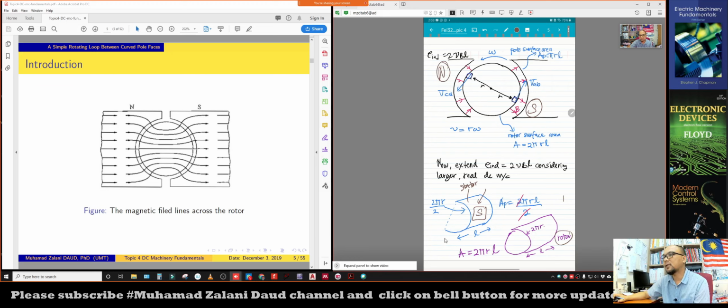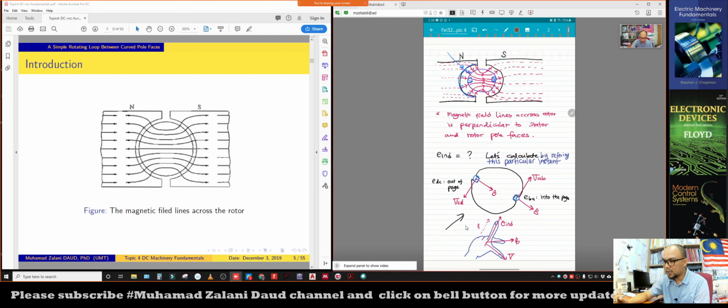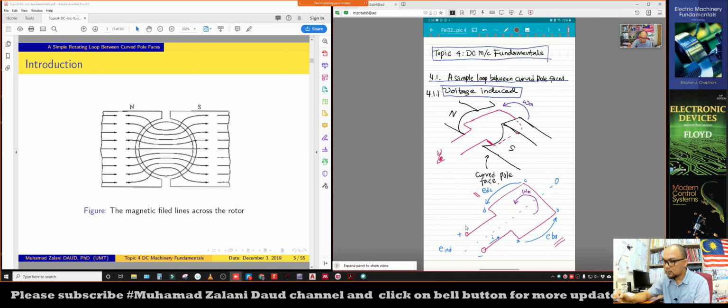So we can say that the pole surface area for the stator is pi RL, pi R times L, because the length of the stator is L, which is the same as the length of that particular segment of the wire loop. I hope you can see clearly in this figure. So we can imagine that it is the same length as the width of the stator pole.